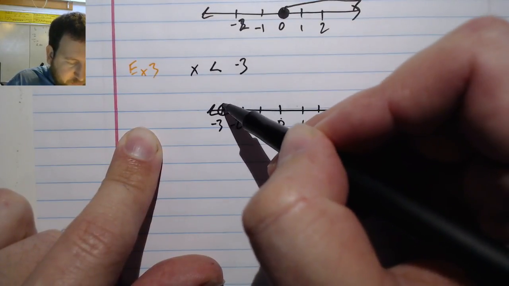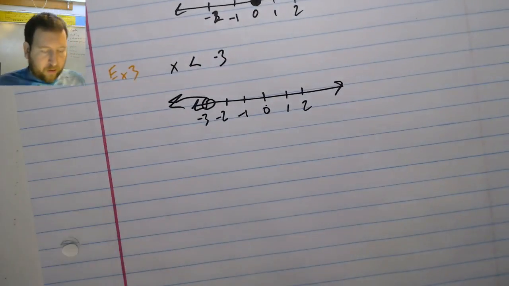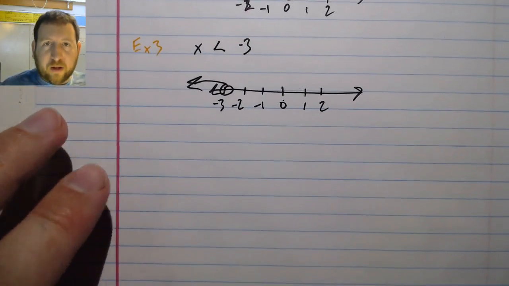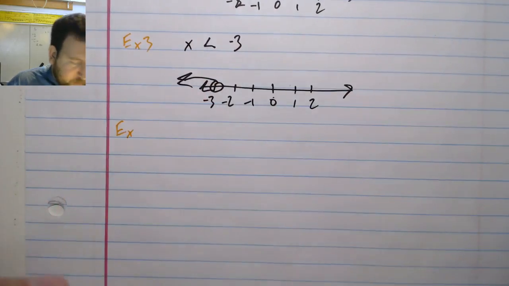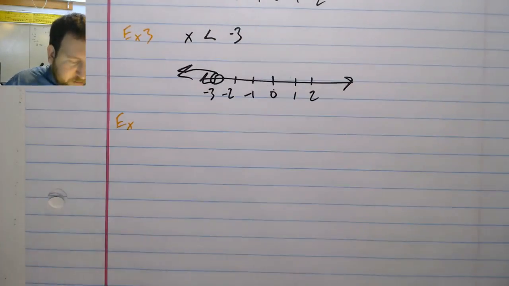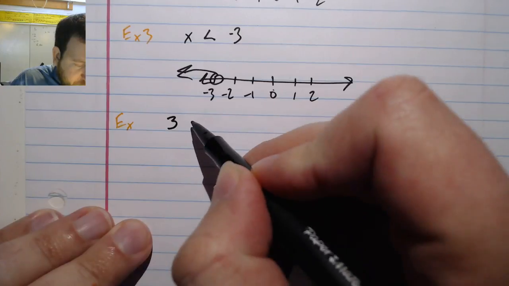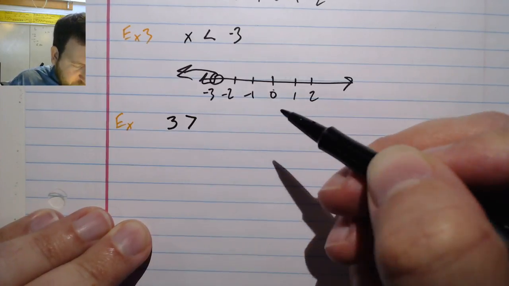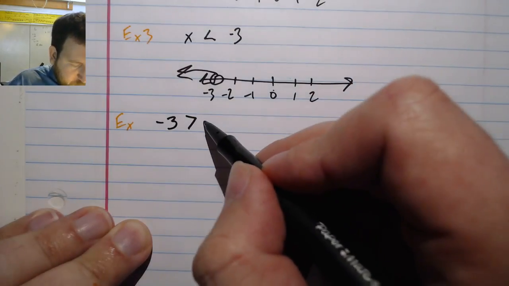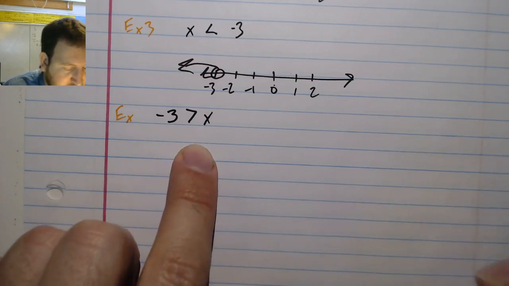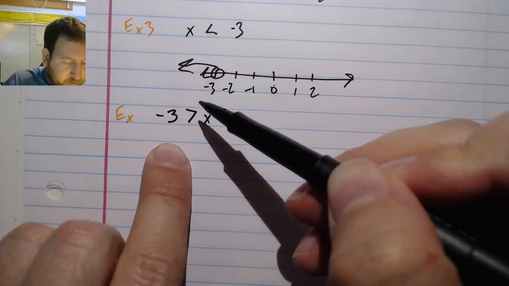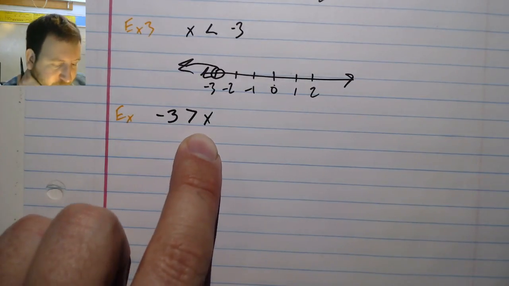X is less than negative 3. Simply like that. Real quick, if you're still watching, some of them are going to try to trick you, and they're going to look like this. Instead of it showing it up like this, they're going to write negative 3 is greater than X. And our key here is to know that when you flip these around, you have to flip the sign with it. Because I can see negative 3 is greater than X.